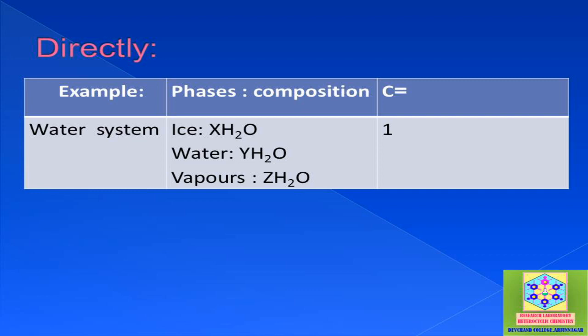Same is the case with other phases like liquid water and water vapors. So a single formula, H2O, is sufficient to describe or express the composition of all the phases, solid, liquid and gas, present in the water system. So C is equal to 1. Water is a single component system.